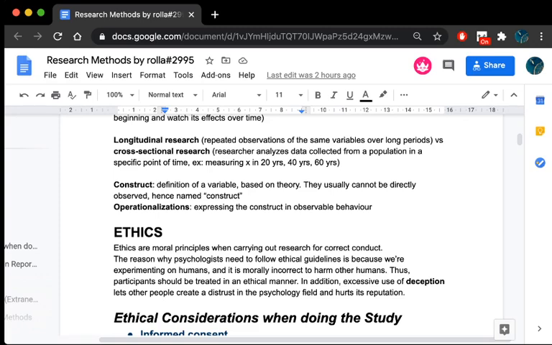How do we measure aggression? It's kind of hard to say. So you have to define it so that we can measure it. That's a construct. And operationalization is how well you're creating that construct in behavior. So like, let's just say you want to measure aggression by how delinquent someone is, which is one example of operationalization.